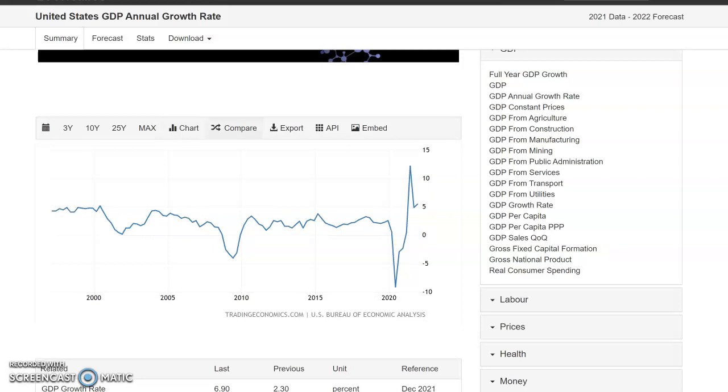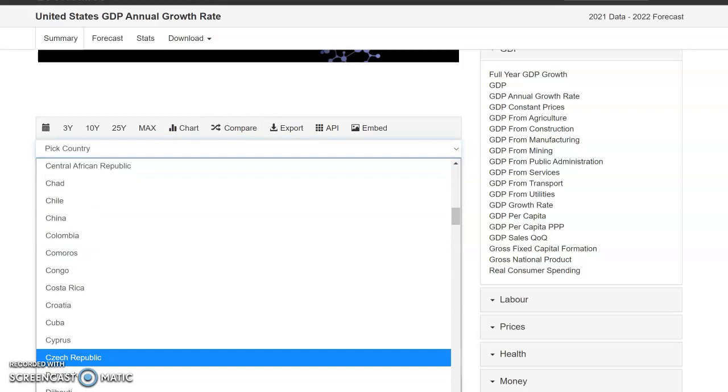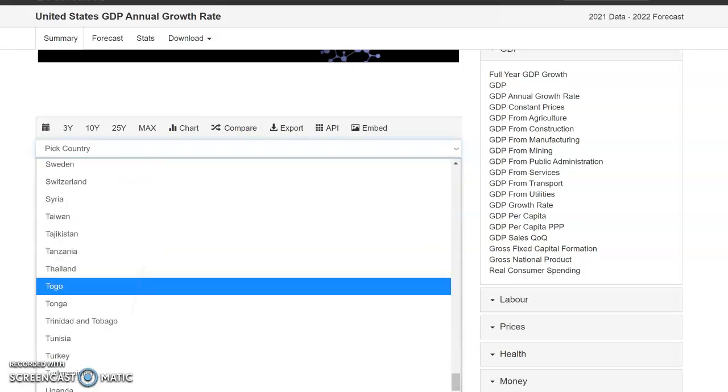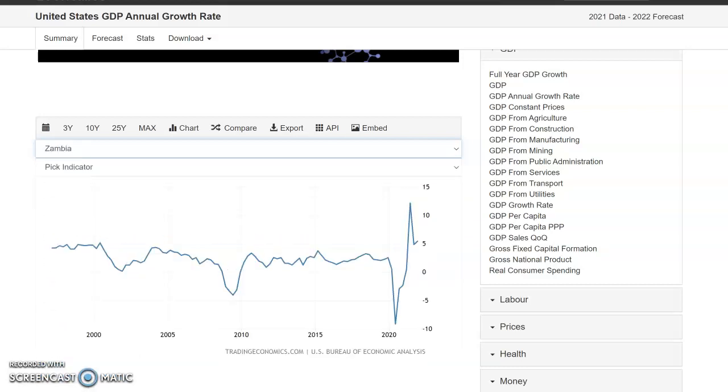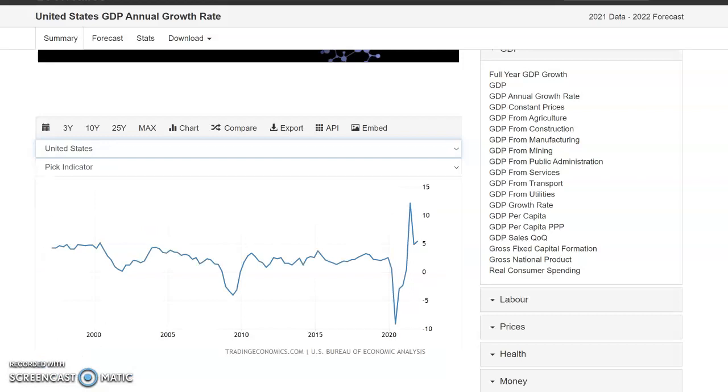Now I have the US economy here. I will click on compare and pick the same economy. In my example, I'm going to pick the United States economy. Here we go.